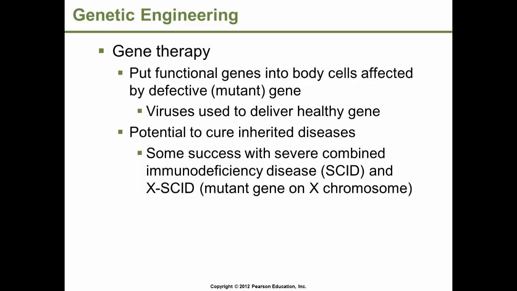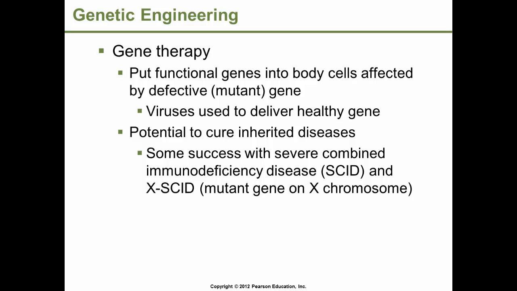There's been some success with severe combined immunodeficiency disease, SCID, and X-linked SCID, which is a mutant gene on the X chromosome. More than 4,000 human diseases have been traced to defects in single genes. There are hundreds of clinical trials, although to date the FDA has not approved a gene therapy.